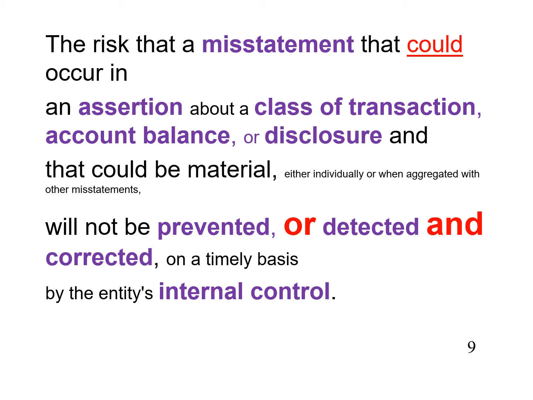However, if the controls detect a misstatement, then it will have to be corrected. So it's detected and corrected. So the or and the and tell me a lot about how well you understand this concept. Pretty much word for word on this definition, or all the purple words and red words.